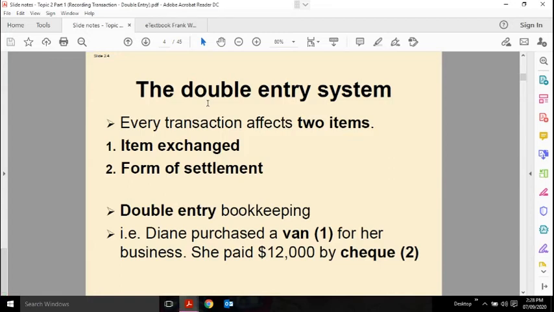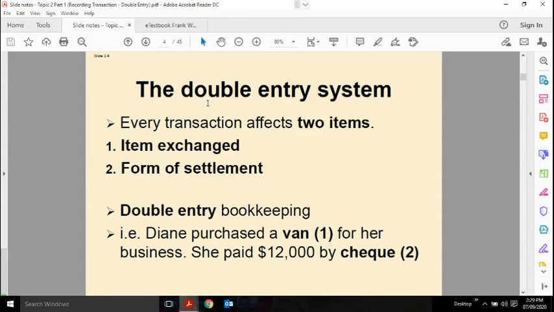It means how the transaction takes place. Is it using cash or bank, or let's say your customer owes you, or you owe your supplier? You only need to look into these two things.